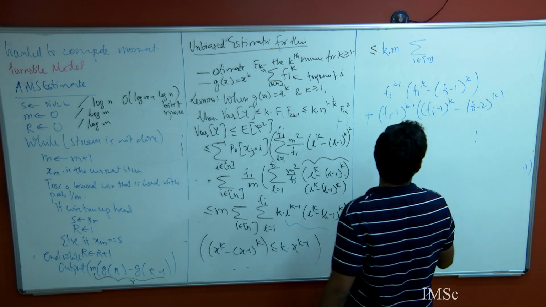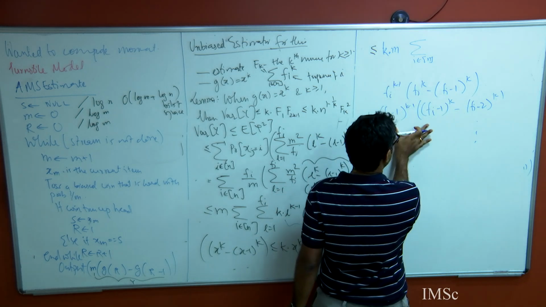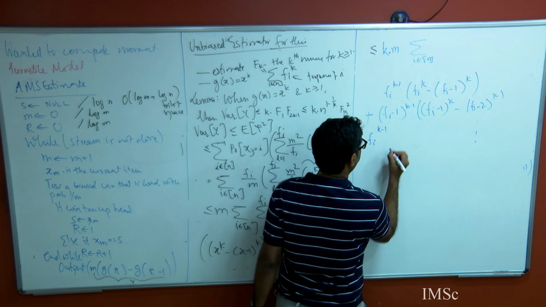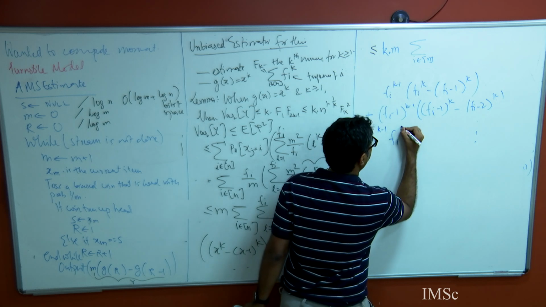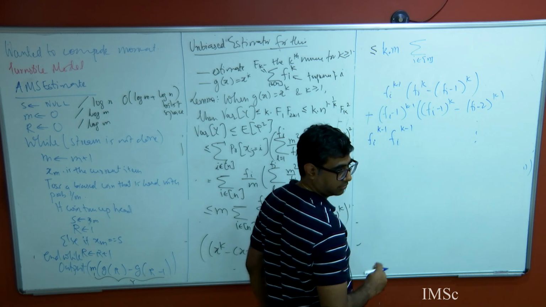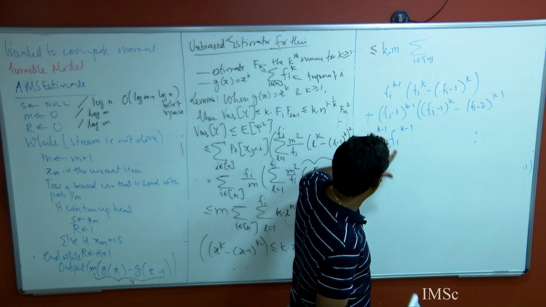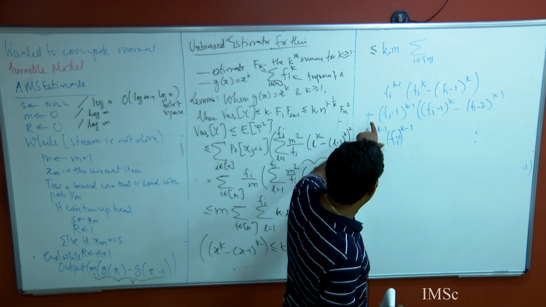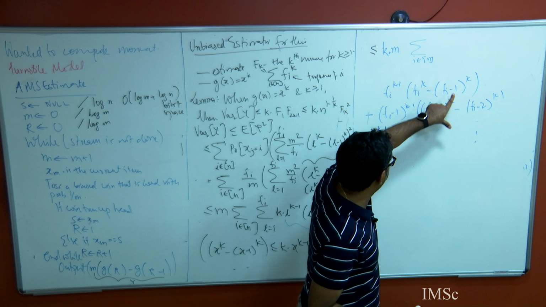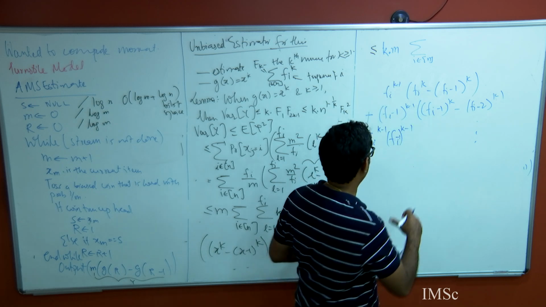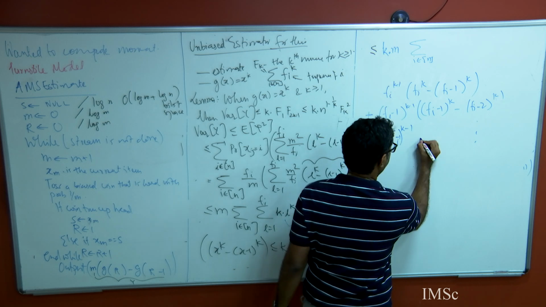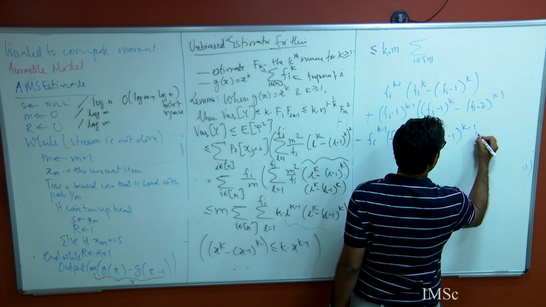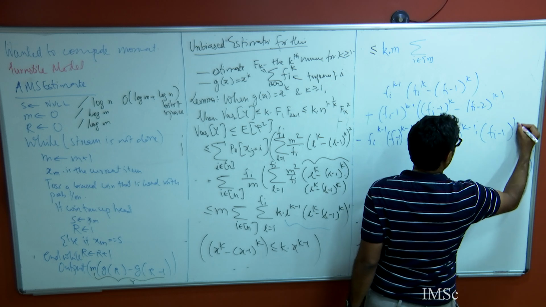So let us look at these two. This is going to be fi to the k minus 1, fi to the k minus 1, fi minus 1 to the k minus 1, and then I look at these two: this is minus and then this is plus fi minus 1 to the power k minus 1, fi minus 1 to the power k.